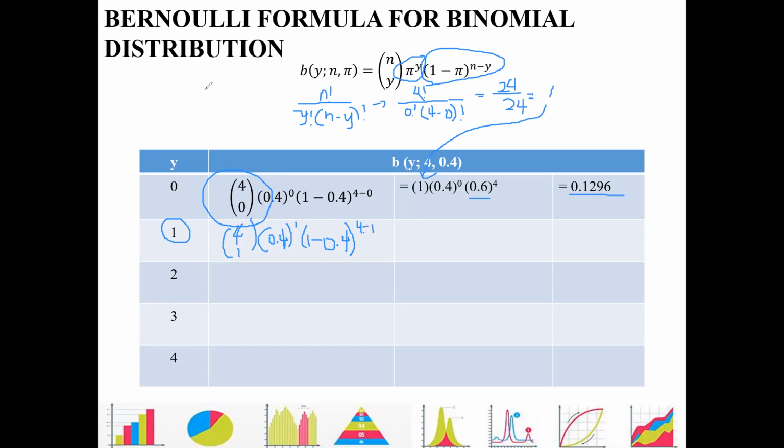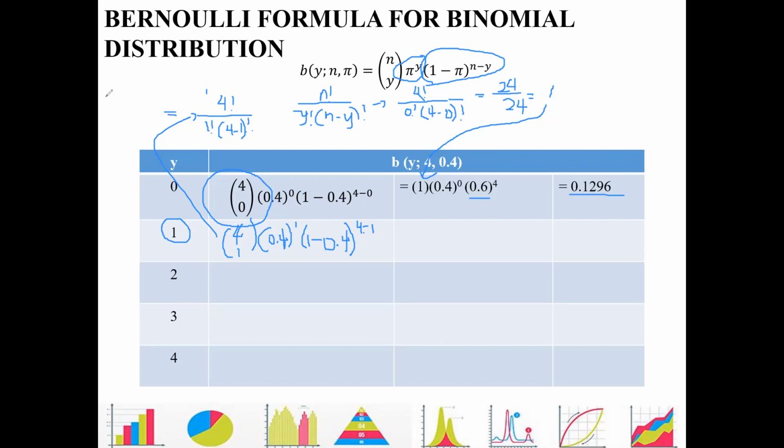So, 4 of 1 is 4 factorial over 1 factorial, 4 minus 1 factorial.